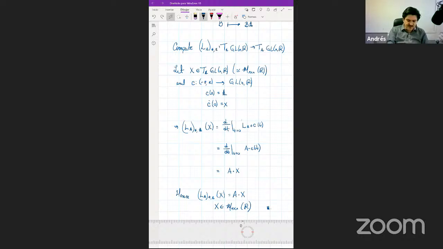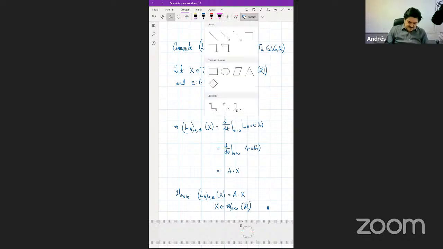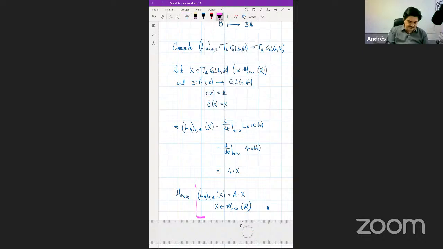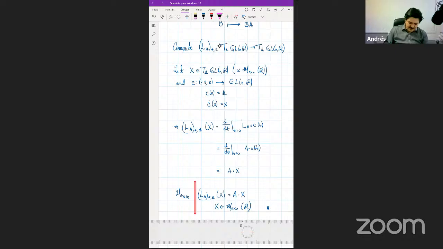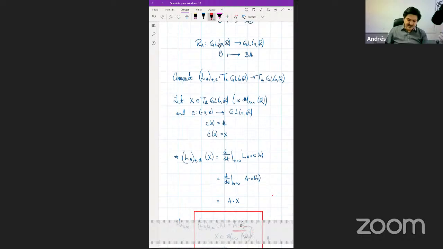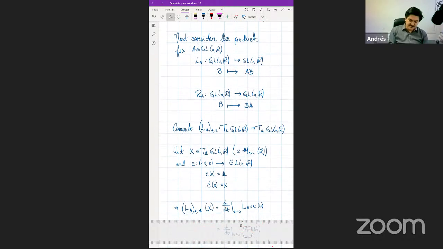So that's the concluding remark. But I just want you to keep in mind that it is something very different. Okay? This product is different from this one here, because this is the product on the group of non-singular matrices.